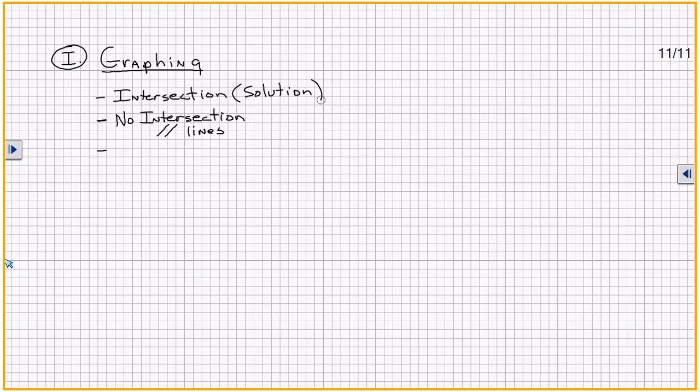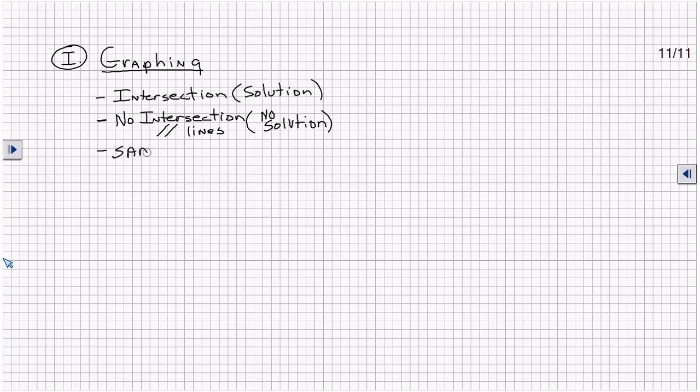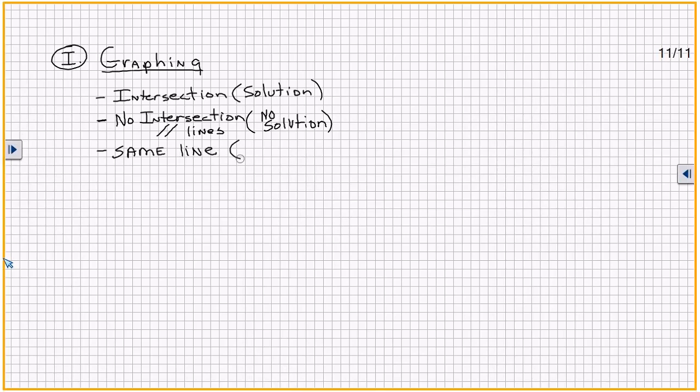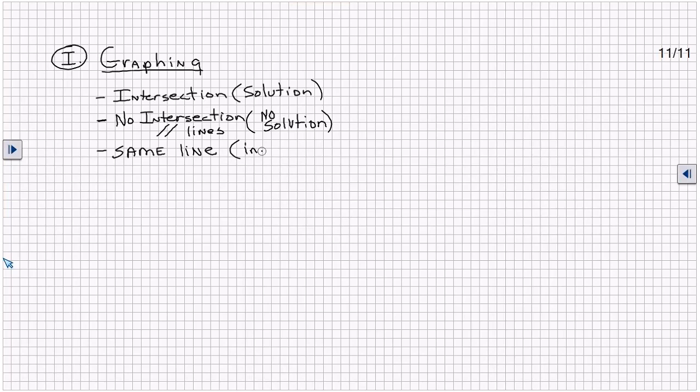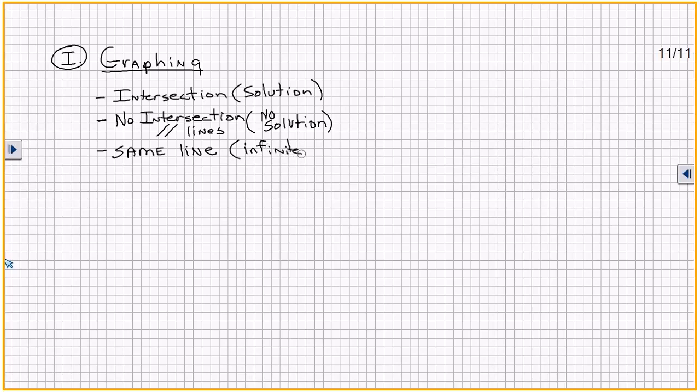If you do not have an intersection, you have no solution. And then if you have the same line, you have infinite solutions, or all real numbers.